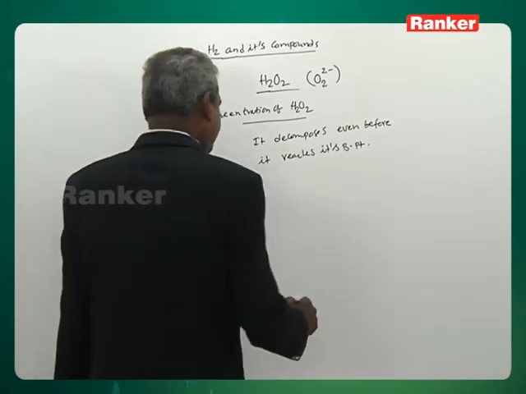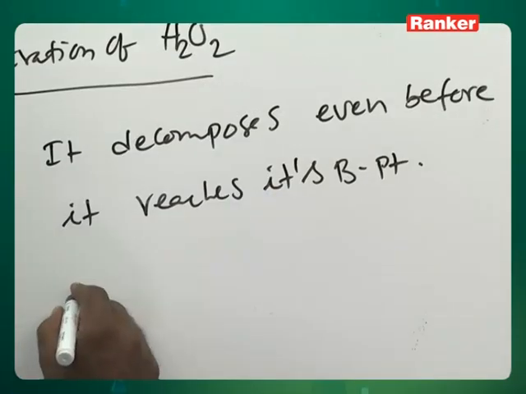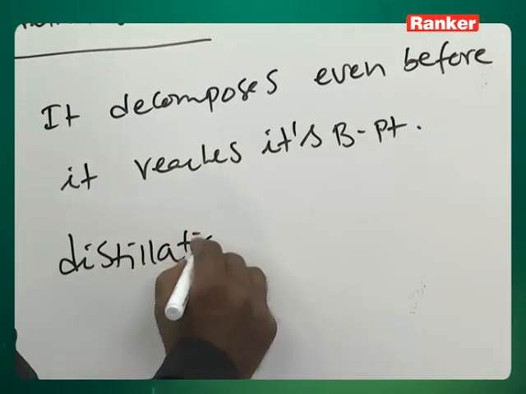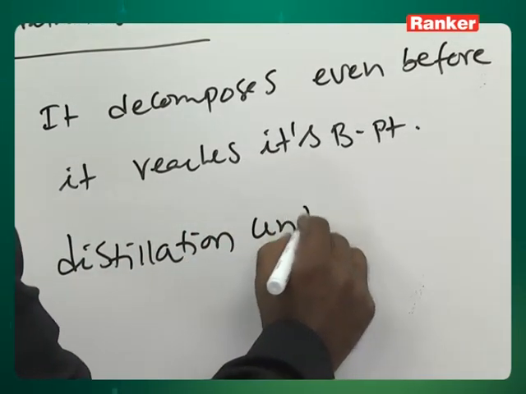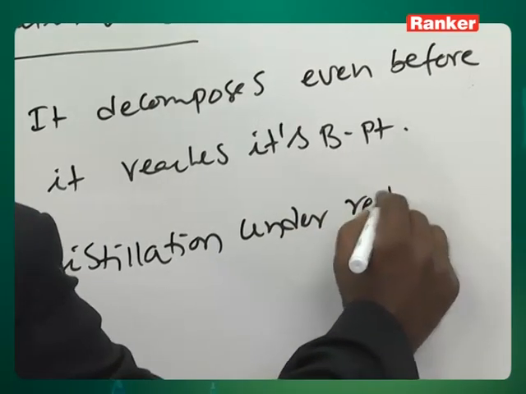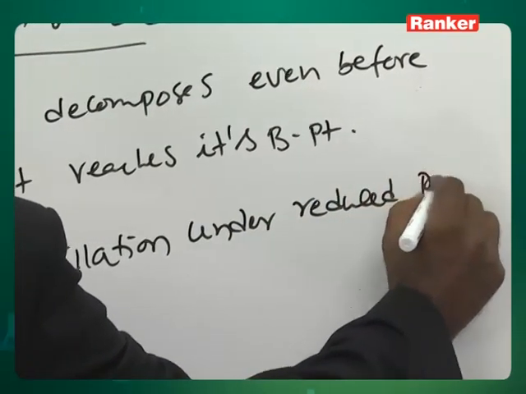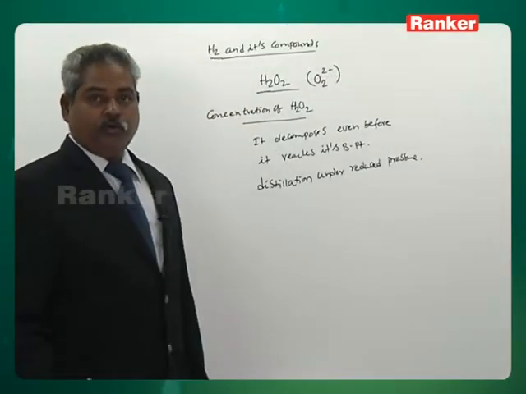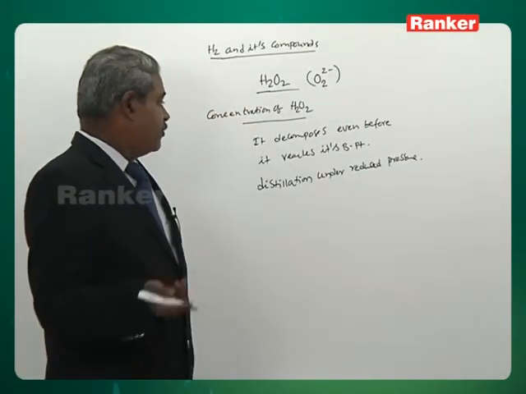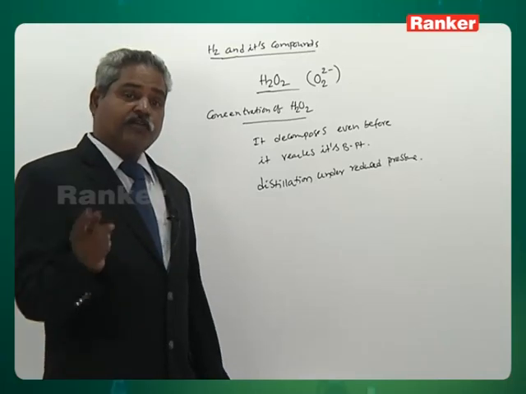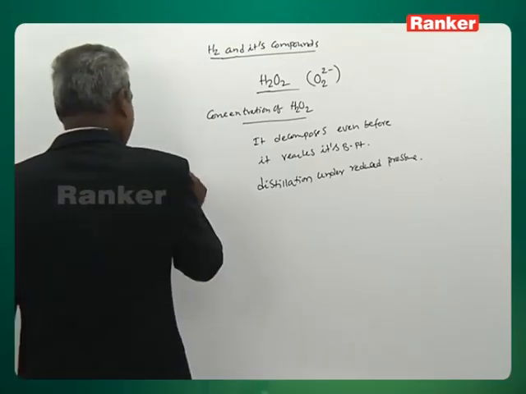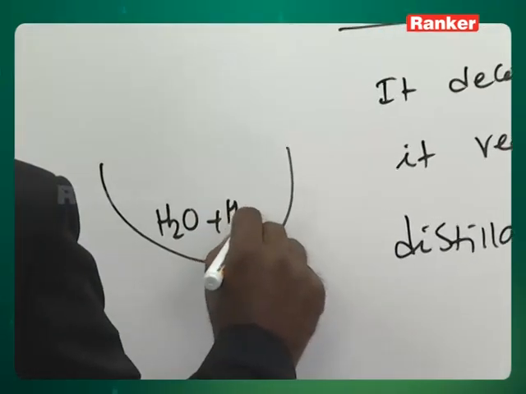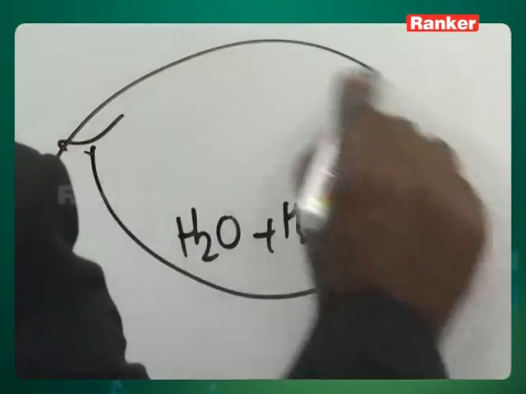So what should you do? Distillation under reduced pressure. The boiling point of water is 100 at a pressure of 1 atmosphere. Suppose the pressure you create over H2O plus H2O2 is less.